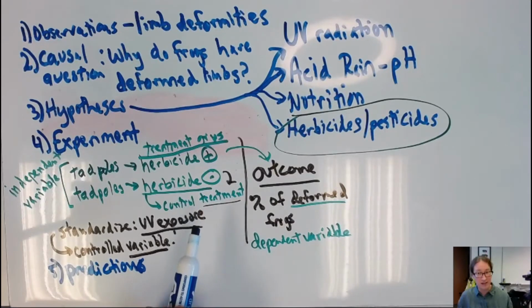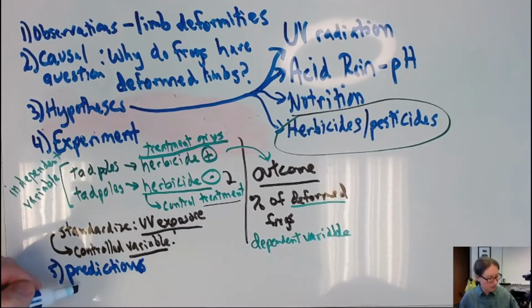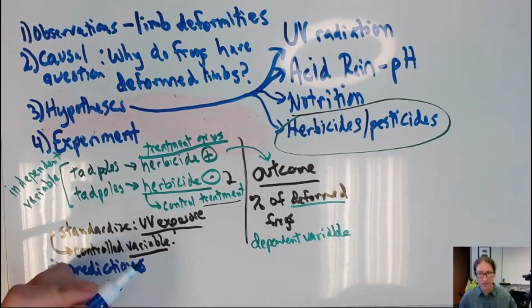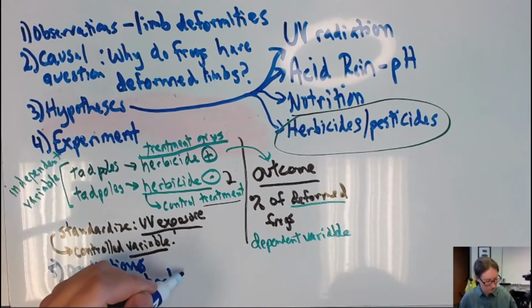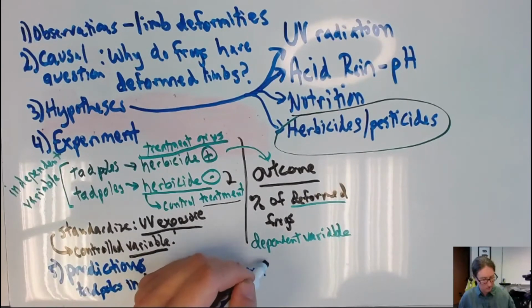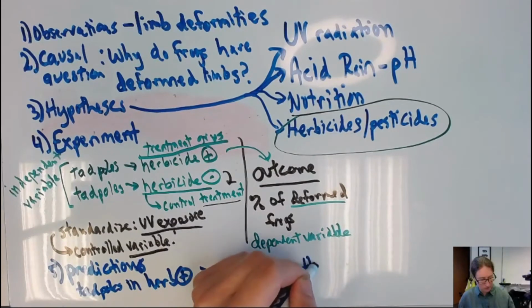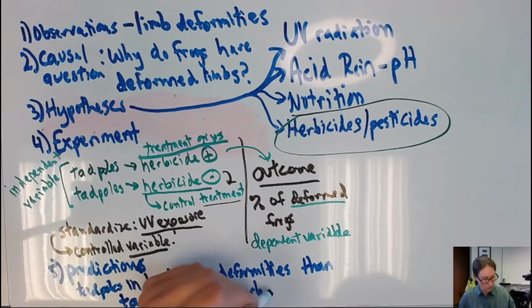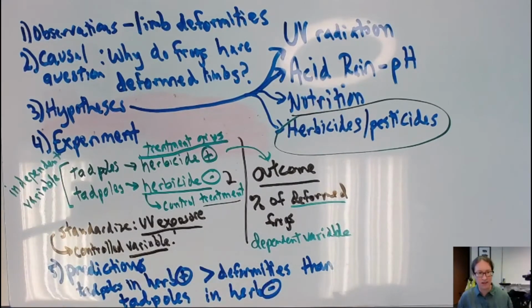So what we would predict is that tadpoles raised in water with herbicide will have a greater incidence of deformities than tadpoles in water that doesn't have herbicide in it, right?